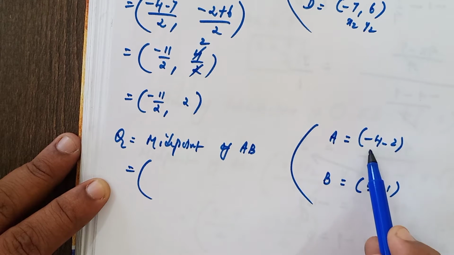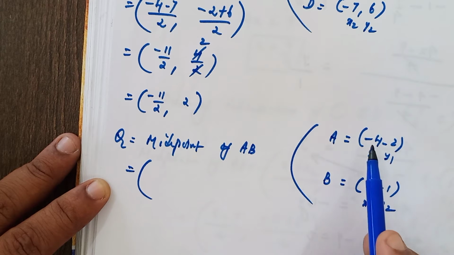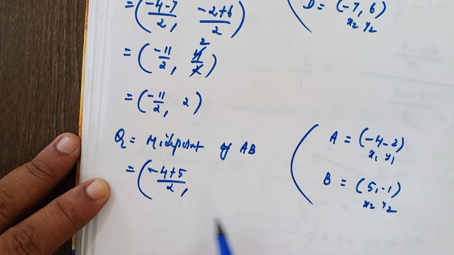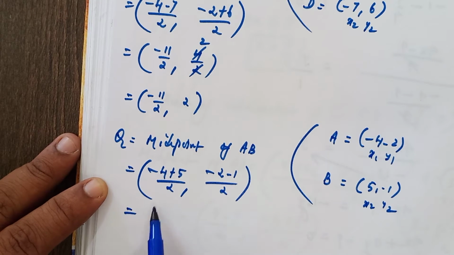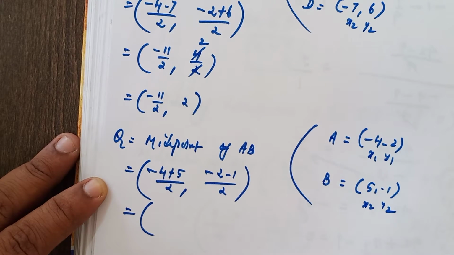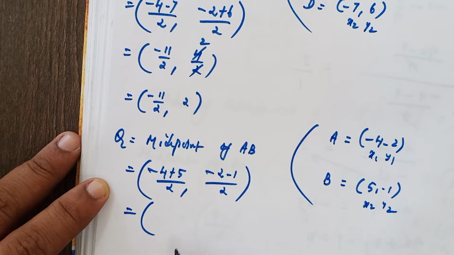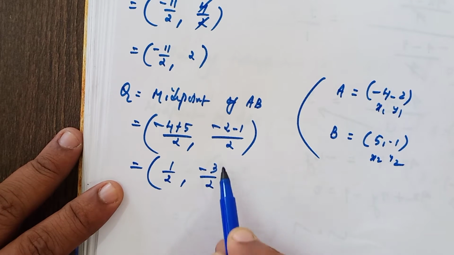This is x1 y1 x2 y2. x1 plus x2 by 2, that is -4 plus 5 by 2, y1 plus y2 is -2 minus 1. That is equal to 1 by 2 comma -2 minus 1, that is -3 by 2.